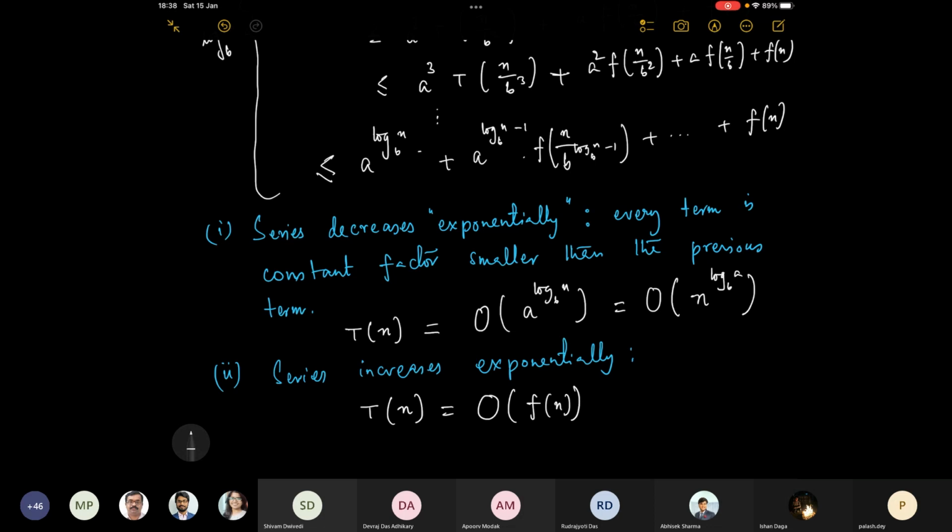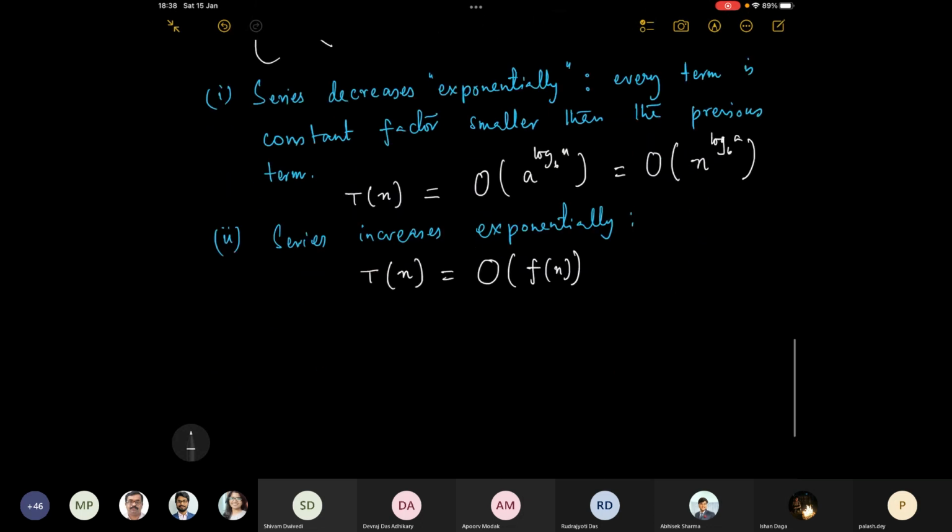Are you with me? Yes, sir. So the series will be dominated by the last term, Fn. And same thing for case one. If it is decreasing exponentially, then the highest term will be the first term, because every term is a constant factor smaller than the previous term. So the series will be dominated by the first term, the highest term. So these are the two easy cases.